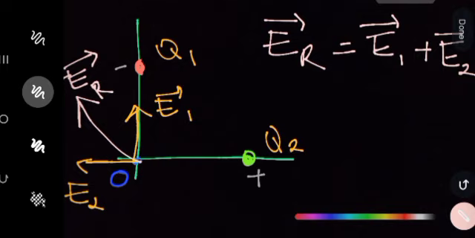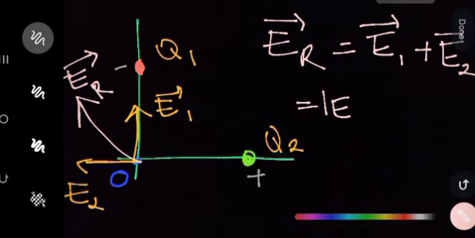Now the electric field strength E1 is this one that is pointing up. How do I write it as a vector? I'll need to write the magnitude of E1 alongside with the direction. The direction is J. Then plus this other E2, which is pointing to the left.